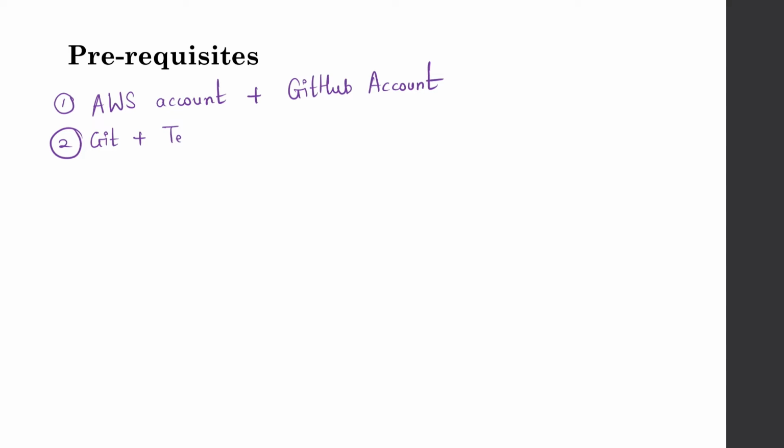Terraform should also be installed on your machine. You don't strictly need it, since we are going to deploy using GitHub Actions, but for testing purposes you may need it, and it's always better to have it installed for other tasks as well. It will really help. You must also have AWS CLI configured.